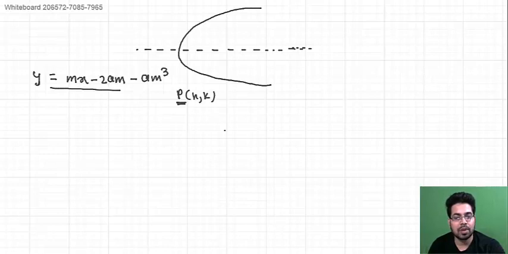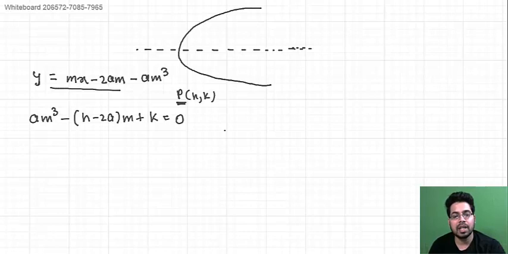So if I put (h, k) in this line, I will get ultimately am cube minus (h minus 2a) m plus k equals to 0.